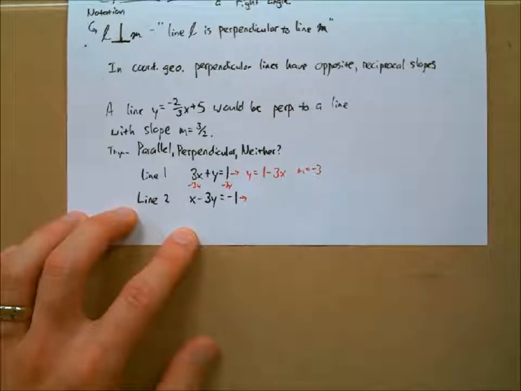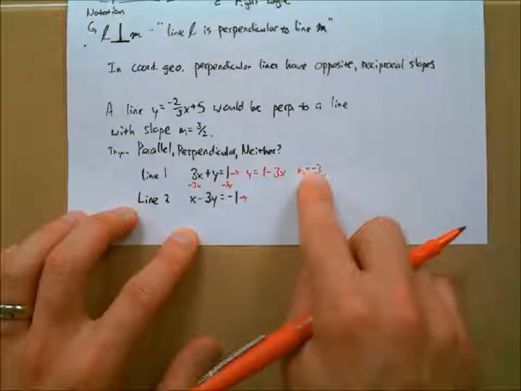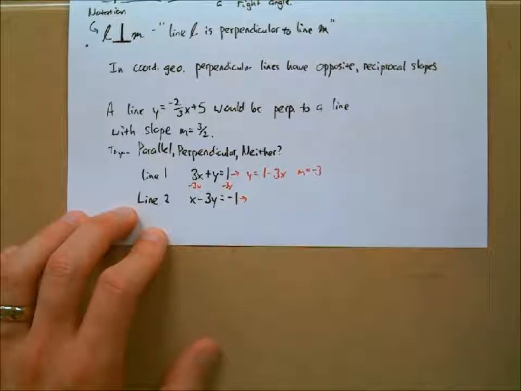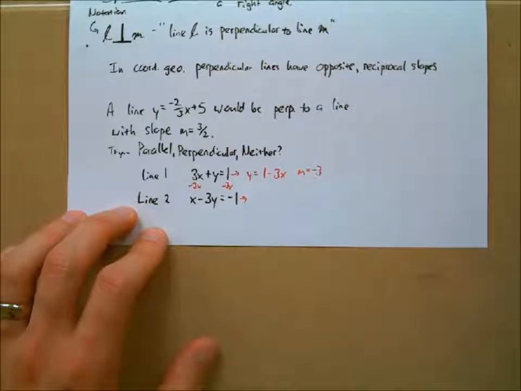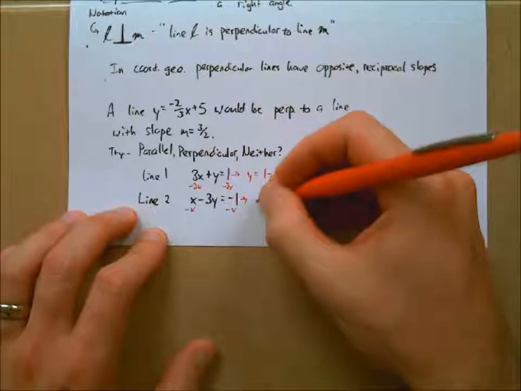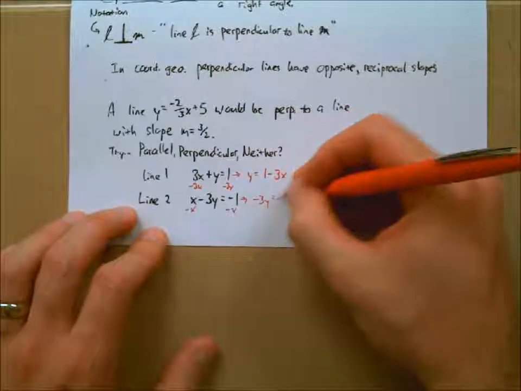All right. So the slope of this line is -3, and then what do we need to do here? Where do we start at least, maybe? I would subtract x. Great idea. Subtract x from both sides. We're going to have -3y equals -1, take away x.